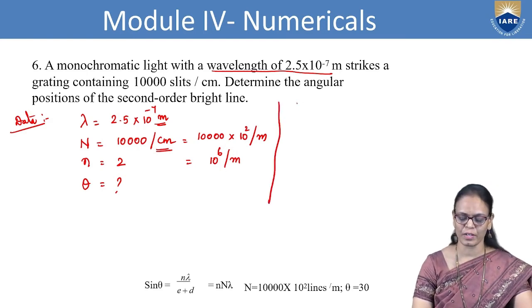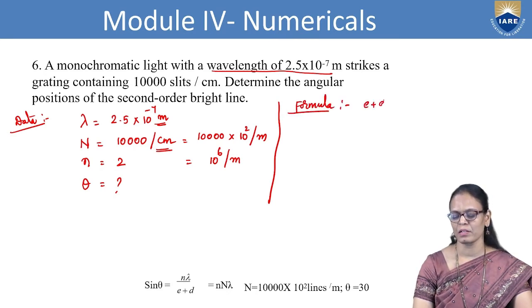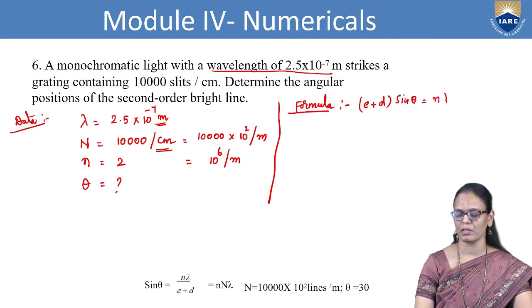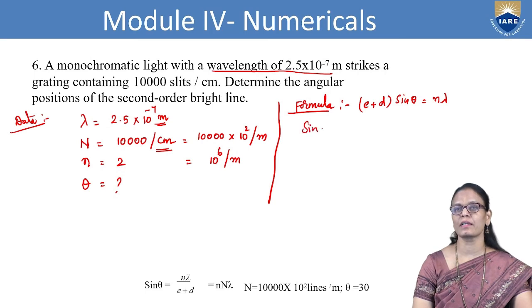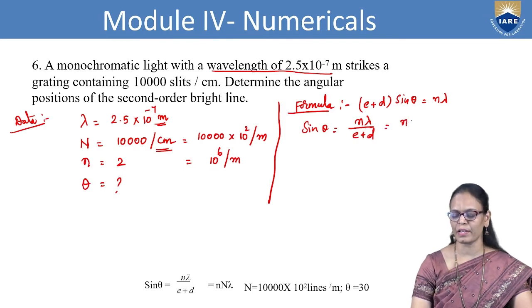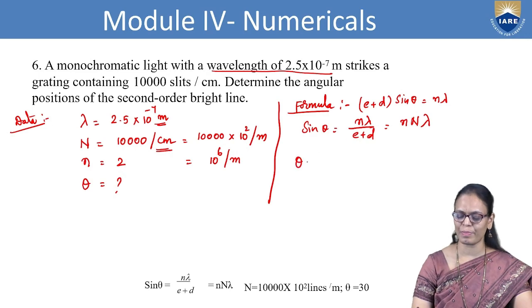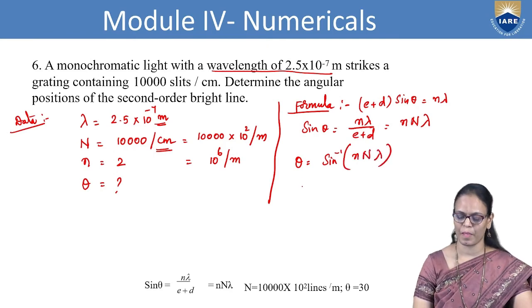So write the formula now. (e plus d) into sine theta is equal to n lambda, or sine theta is equal to n lambda upon (e plus d). 1 upon (e plus d) is capital N, so small n into capital N into lambda. So theta will be equal to sine inverse of small n capital N into lambda.